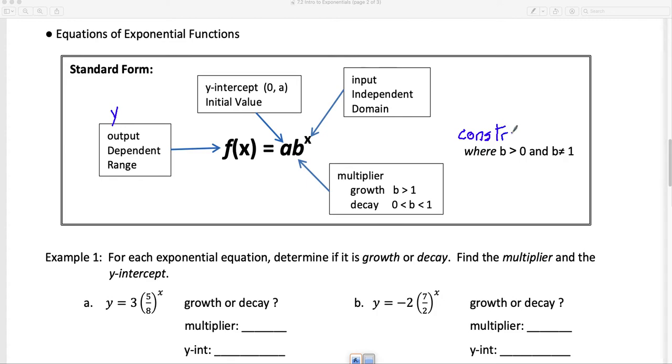So this is saying, guess what? There are things that B cannot be. It won't work if it won't. So I've got B is greater than 0. This actually means two things. B is greater than 0 says that B can't be negative. B must be positive.